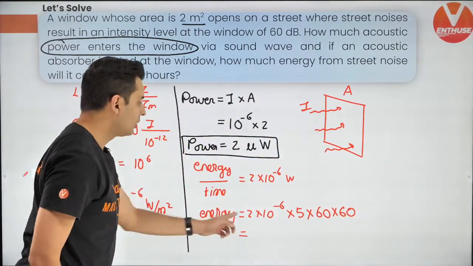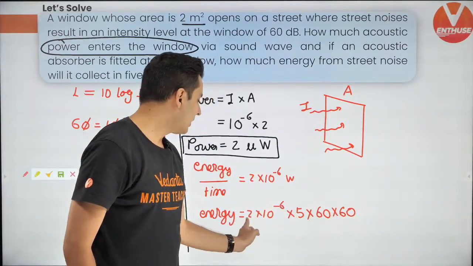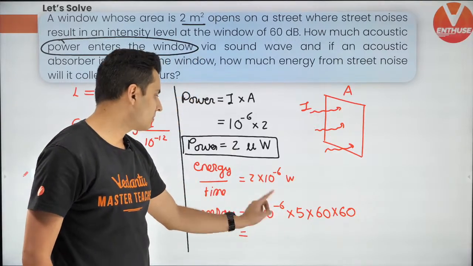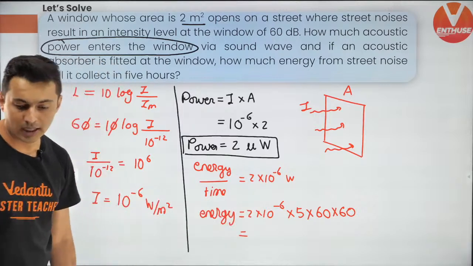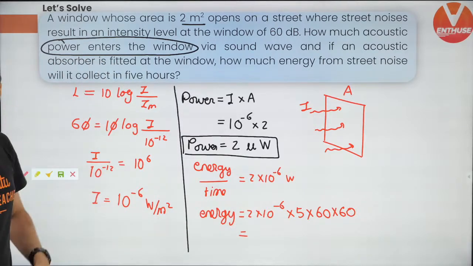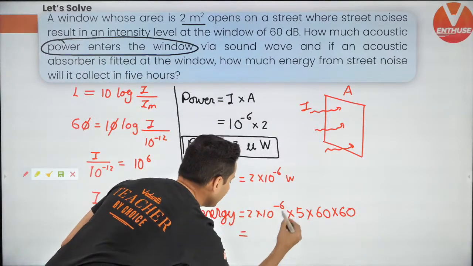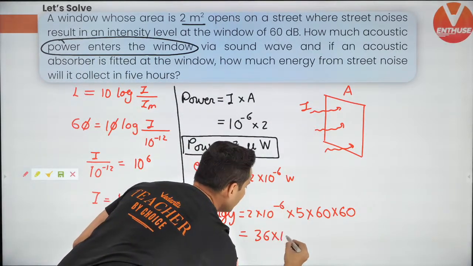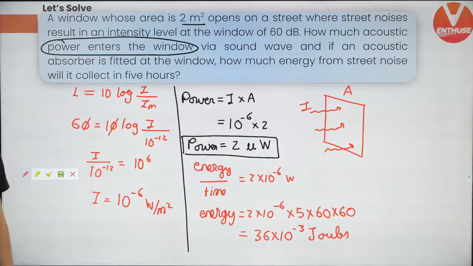Do the math. 2 5s are 10. 60 into 60 is 3,600. Into 10, 36,000. 36,000 has 3 zeros. So you should get the answer as 36 into 10 to the power minus 3 joules. That's the answer, guys.